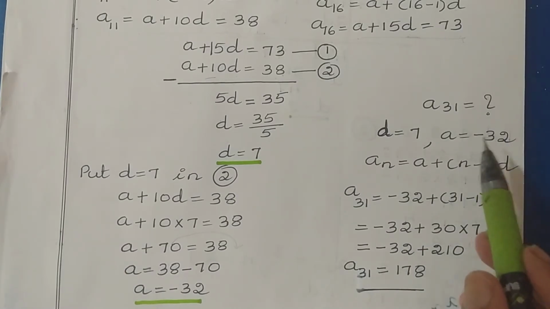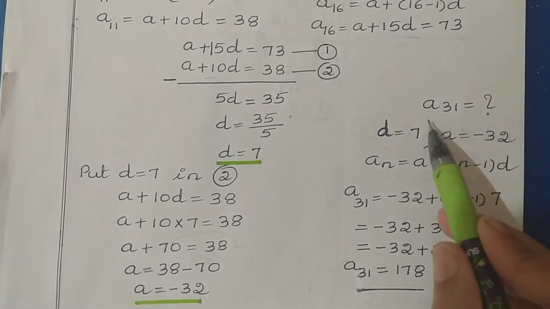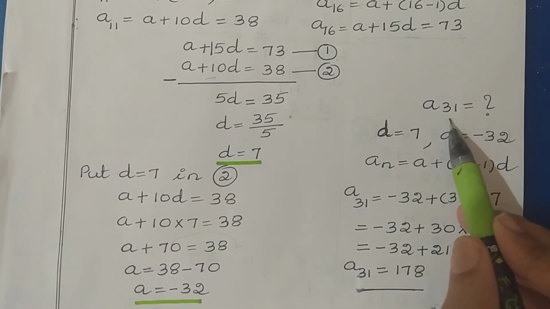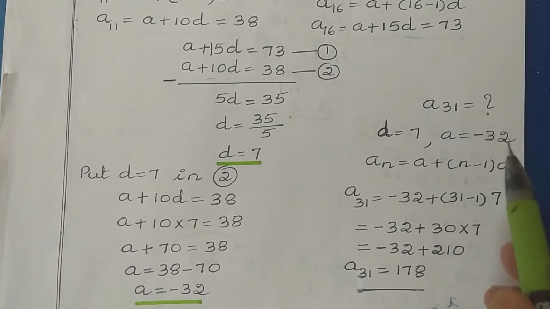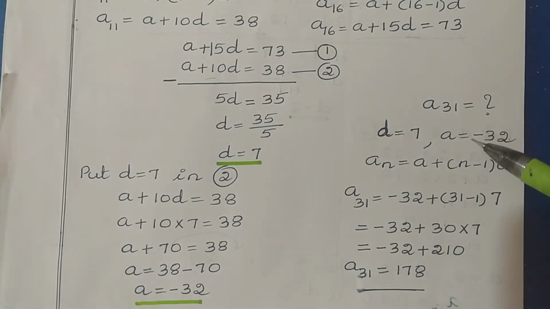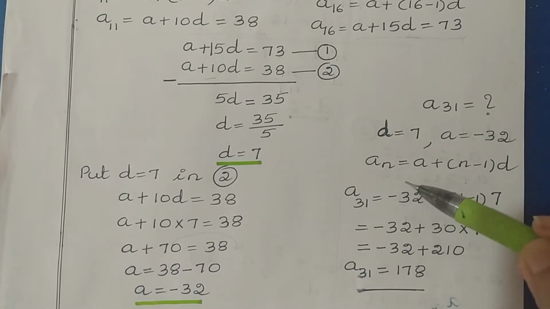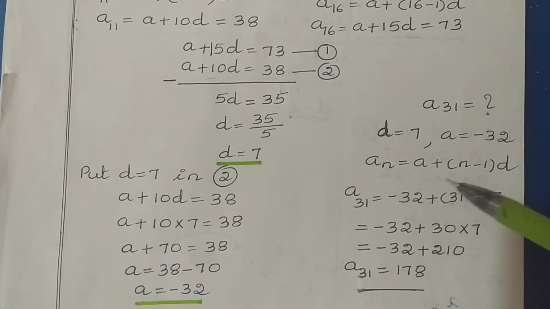In the question they have asked us to find the 31st term. So we know n is equal to 31. Let us substitute all these values in the formula. We have the formula an is equal to a plus n minus 1 into d.